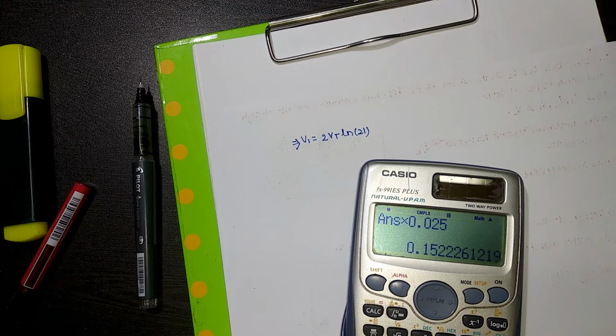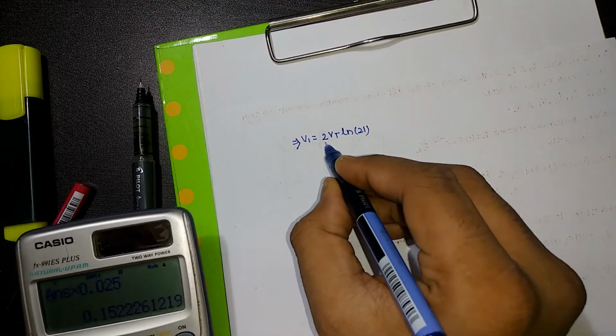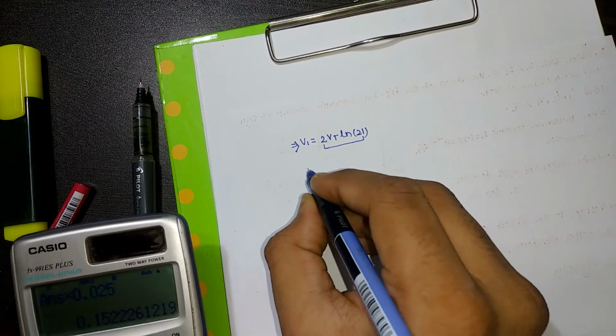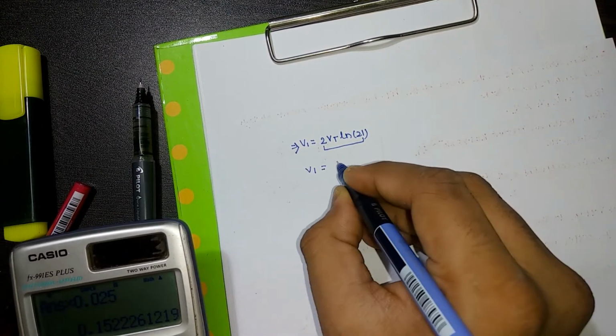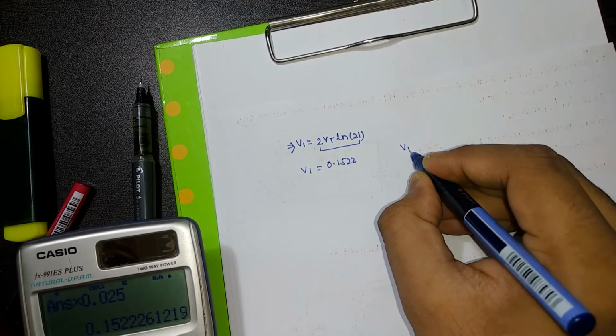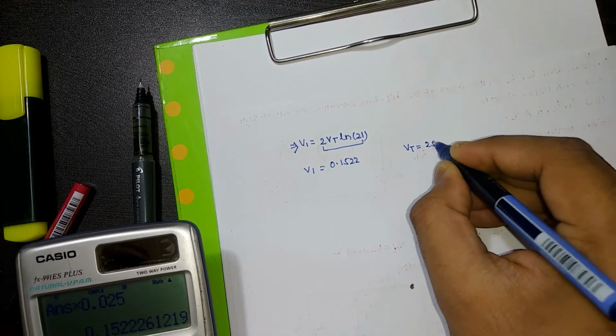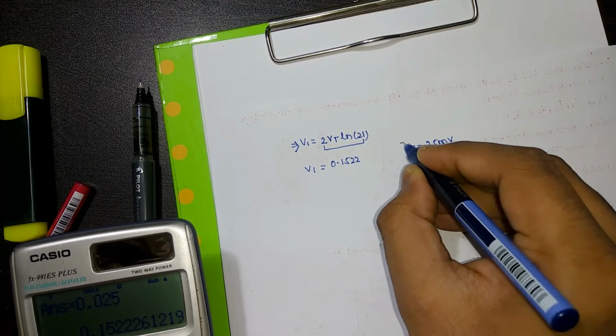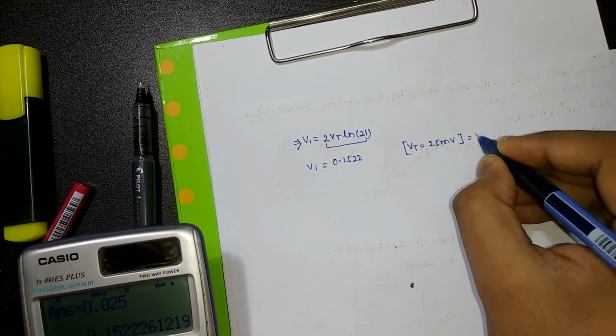I have solved all the factors. You will get V1 equals 0.1522, where I have taken Vt equals 25 millivolt as an approximated value, which is equal to kT by q.